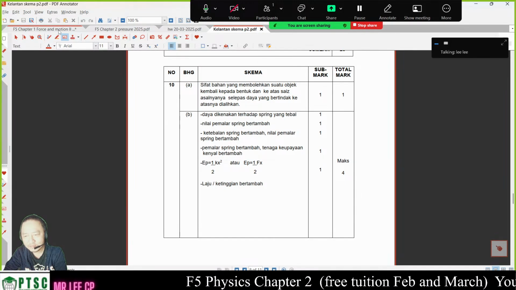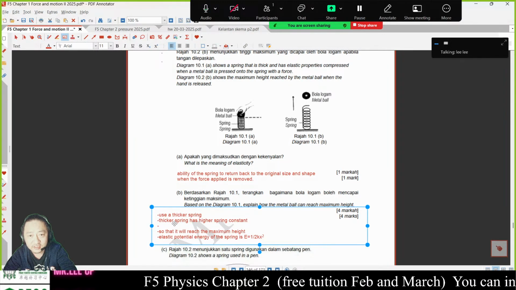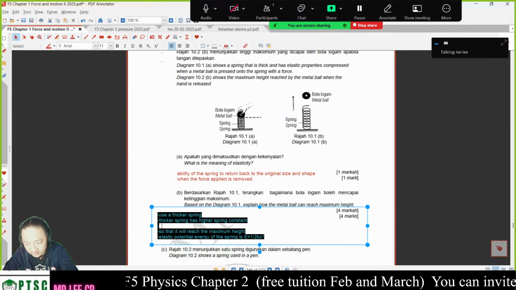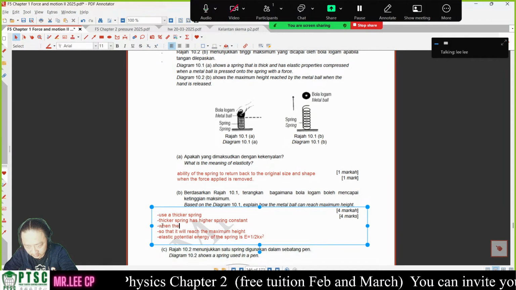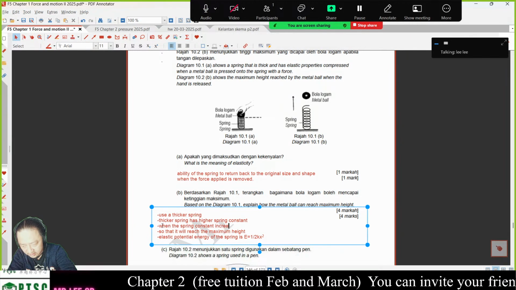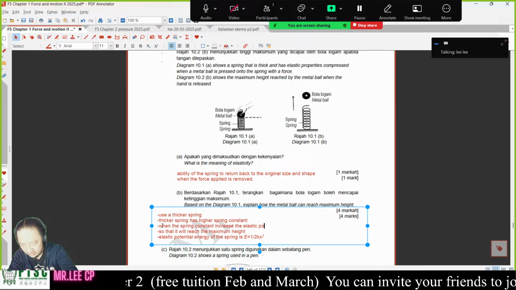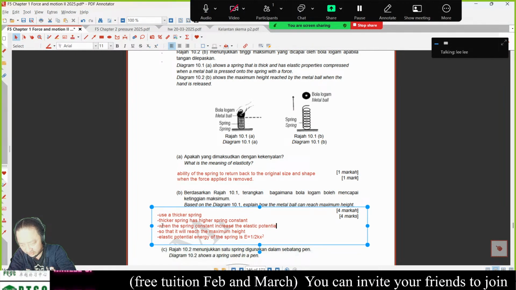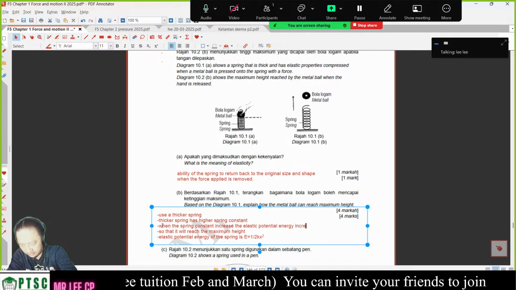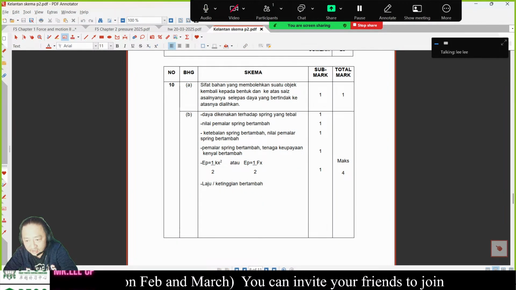When the k increases, when the spring constant increases, the elastic potential energy increases. So lastly, right, so you can reach the higher point.